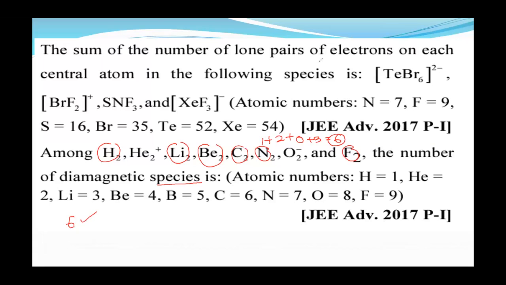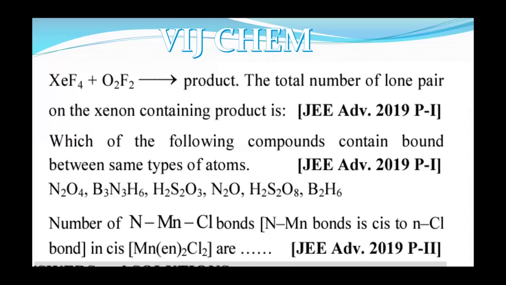Now let's see further. Okay, next question. XeF4 plus O2F2 product. Total number of lone pair on the xenon containing the product. Product you should write, then you should count the answer. Okay. So that means reactions also you should remember and product chemical bonding also you should remember.